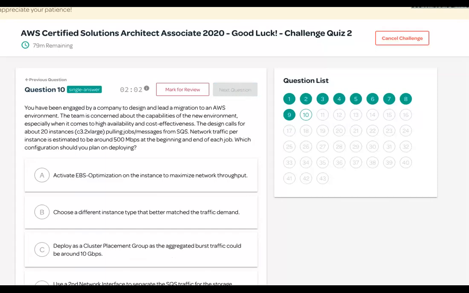You have been engaged by a company to design and lead a migration to an AWS environment. The team is concerned about the capabilities of the new environment, especially when it comes to high availability and cost effectiveness. So remember, they are talking about high availability and cost effectiveness.